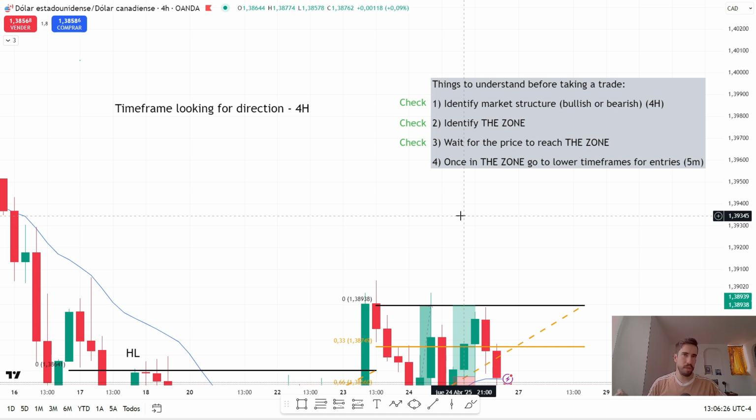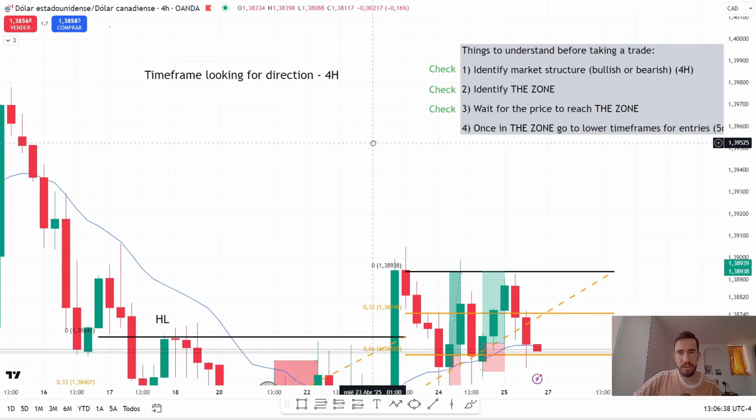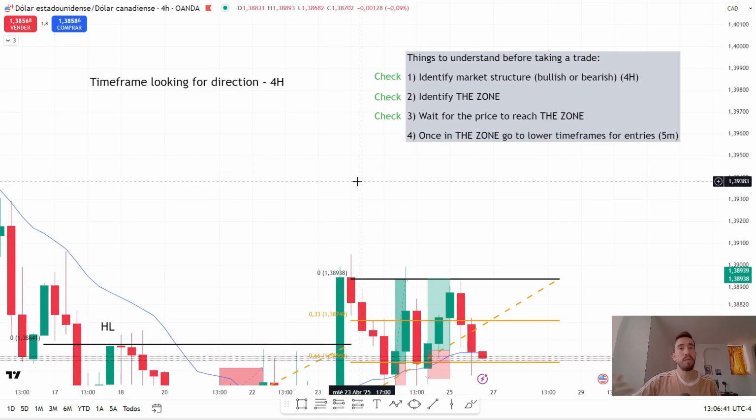So the lower the time frame, the less strong the support and resistance points are, okay?